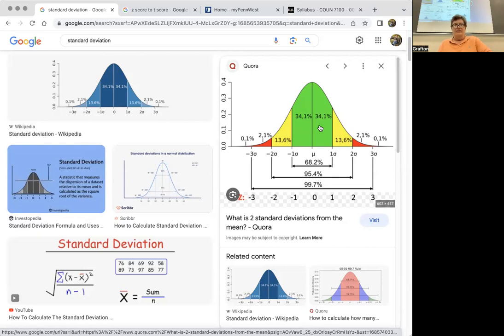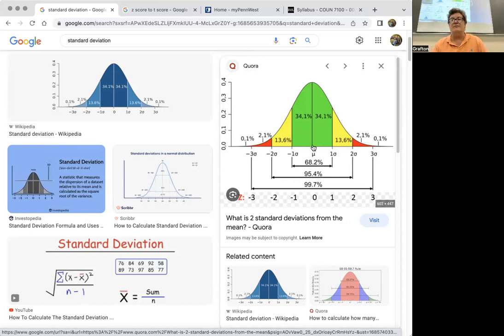And this little symbol here, that's mean deviation, basically. Here we have the average in the middle. And then this is one standard deviation, two standard deviations, three standard deviations, and the rest. Now, this is a negative standard deviation to the left, 2 negative standard deviations, 3 negative standard deviations.